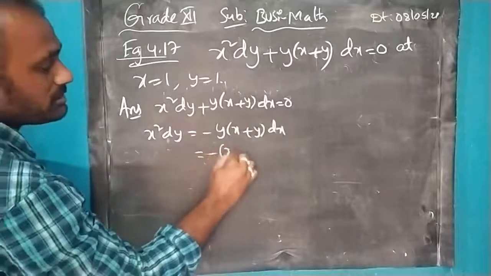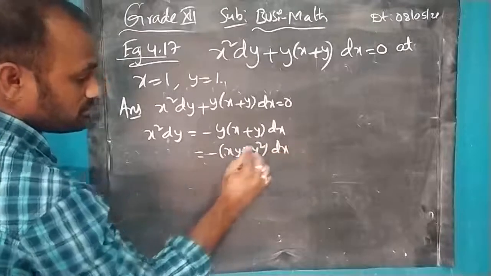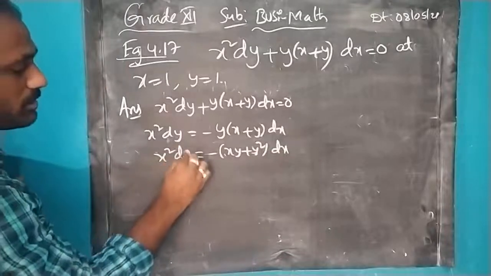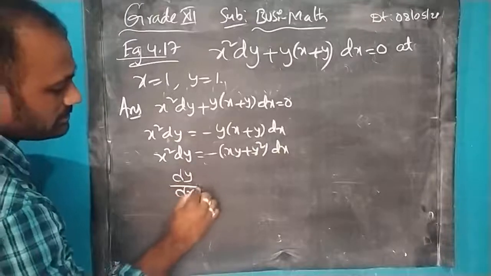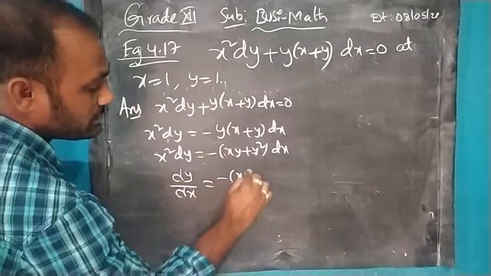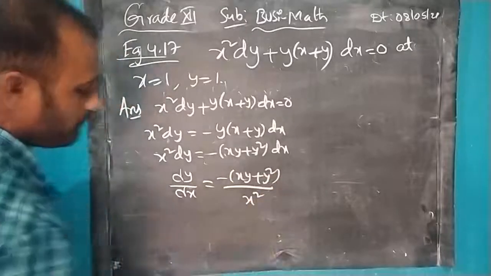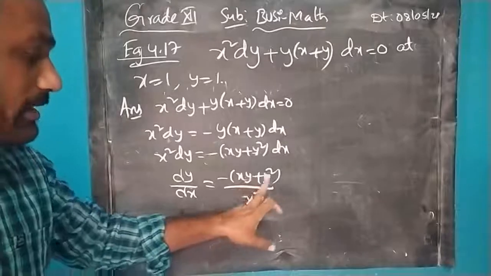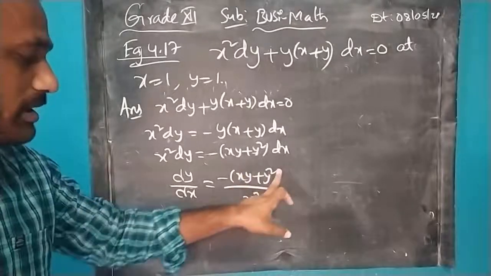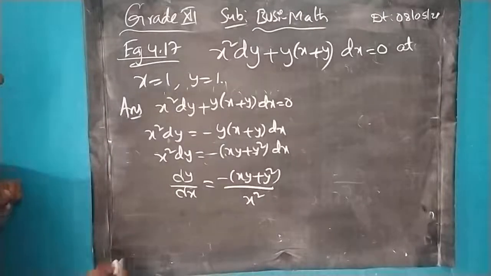This can be written as minus (xy plus y square) dx by x square dy. So dy by dx is equal to minus (xy plus y square) by x square. Now we have it in the form of dy by dx, and moreover all the degrees are 2 here. Here 1 plus 1 is 2, here also 2, here also 2. Now it is a homogeneous differential equation.